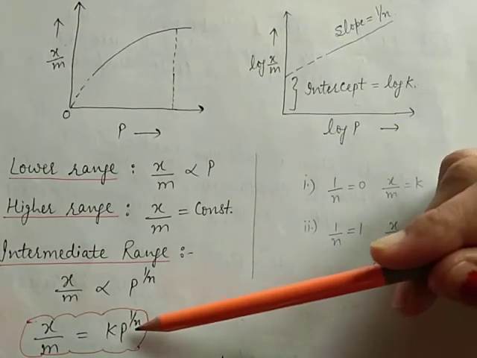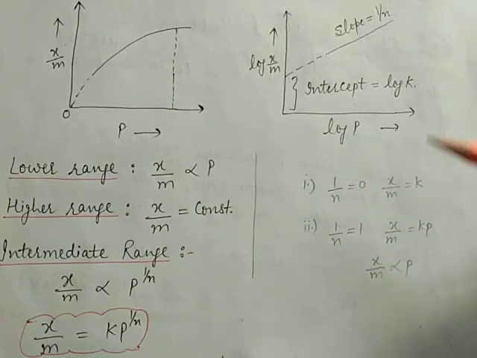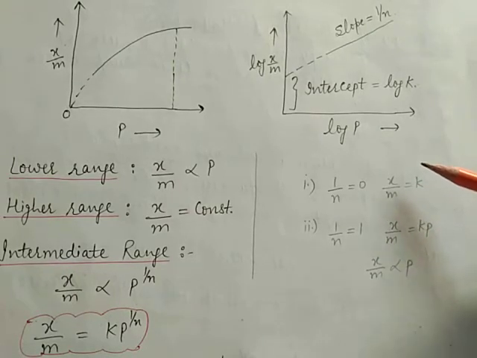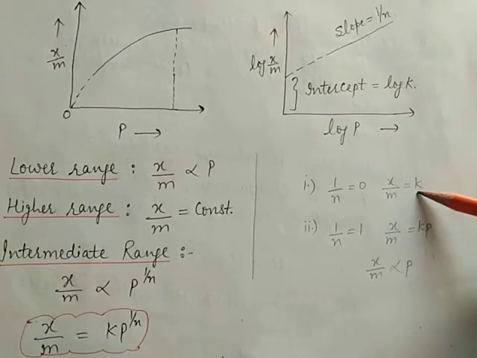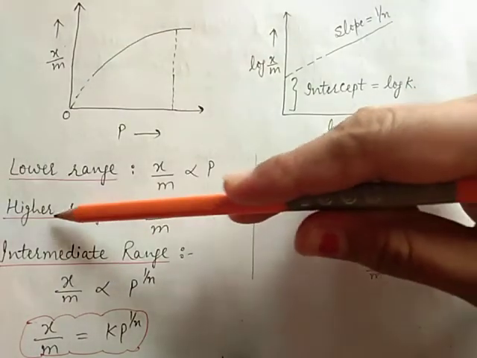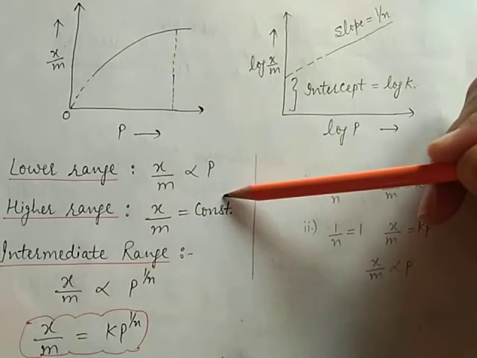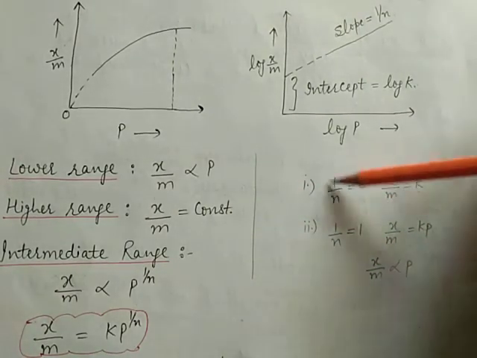It means if the power of P is 0, it is equal to 1. Then x by m is equal to k. This shows that the adsorption is independent of pressure. It means it takes place at higher range, where x by m is equal to a constant. These values come from here.